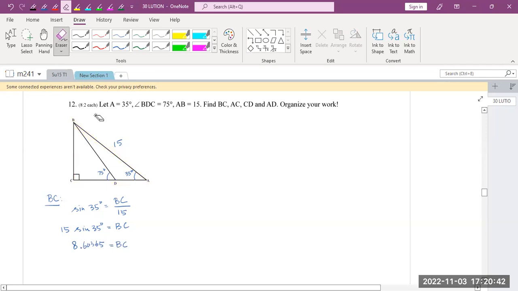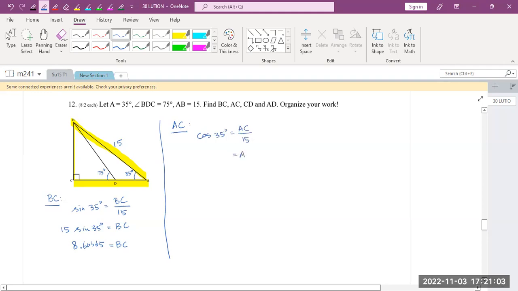How about AC? Actually, we can use the same right triangle, right? Side AC, that's actually cosine of 35 degrees. Cosine of 35 degrees equals AC over 15.